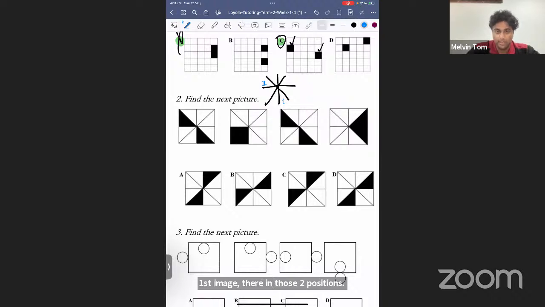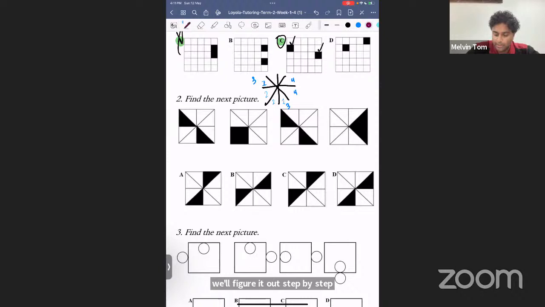Awesome. In the second image, it's in this position and this position. In the third image, they are back here and here. And in the fourth image, they're here and here. Okay, this looks a bit confusing, but then we'll figure it out step by step.